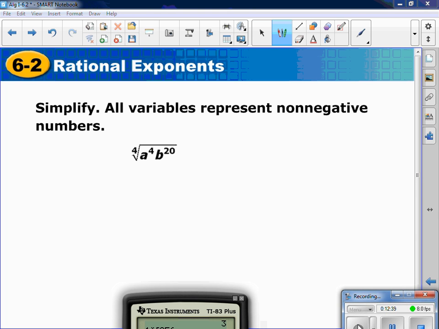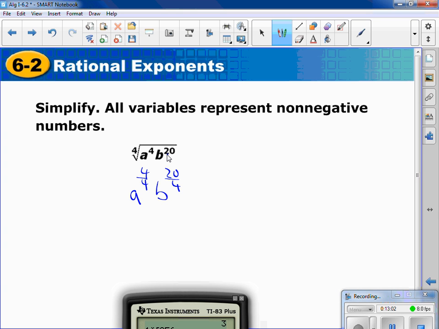What does a fourth root mean? Divide by 4. I'm going to divide this by 4 and this by 4. So it's a to the 4 over 4, b to the 20 over 4. That's really what I'm doing.